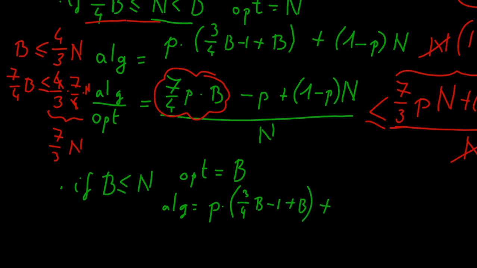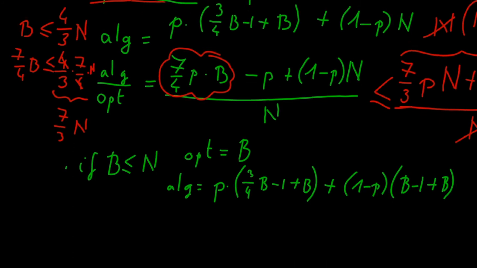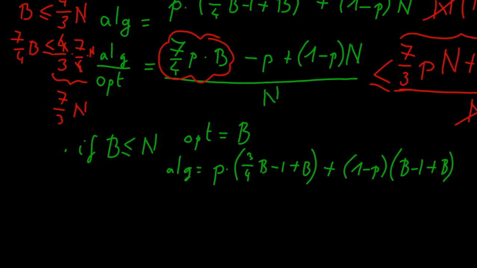And then with probability 1 minus p, I'm running the other algorithm which runs for b minus 1 days, and then it buys the ski. Now I will have to compute the ratio of these two things, or at least give an upper bound for that. So algorithm divided by opt, I'm just trying to collect all these terms again.